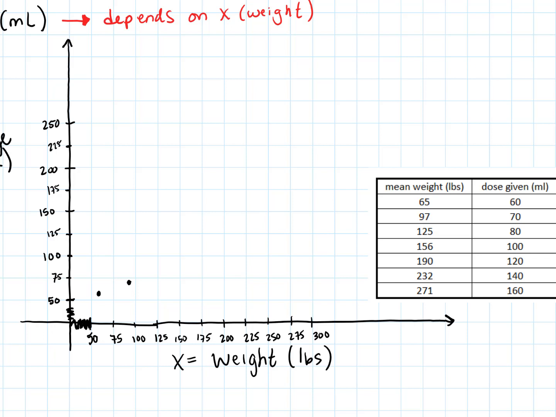And we keep going. 125 and 80 would be about right here. And 156, a little to the right of 150, and 100 would be right here. And 190 and 120 would be about here.